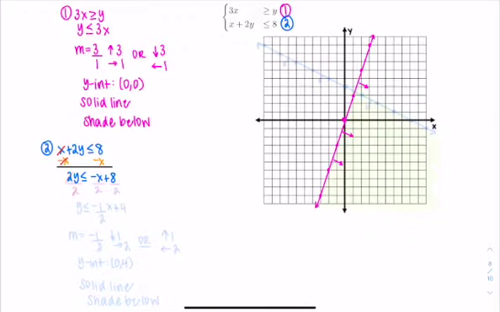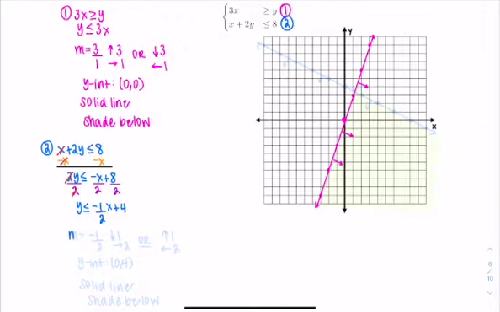The last step is to divide by 2, and so it cancels on the left. And we end up with y is less than or equal to negative 1/2 x plus 4.